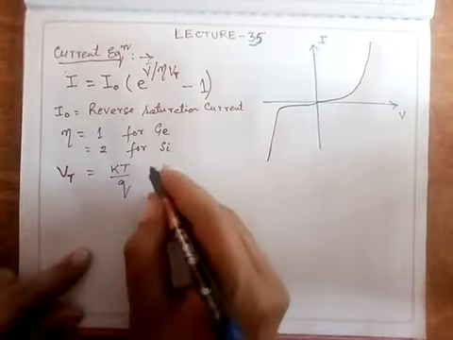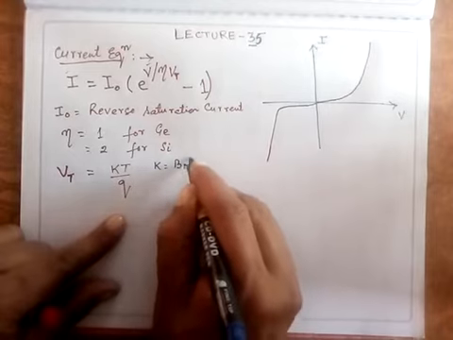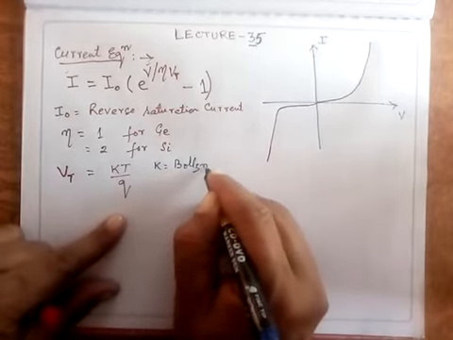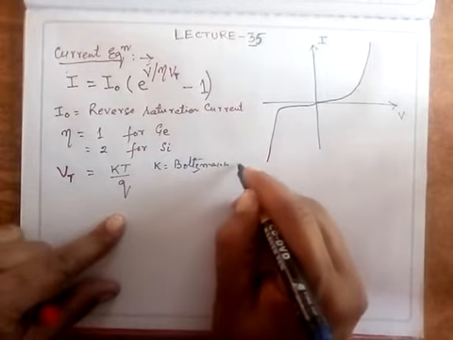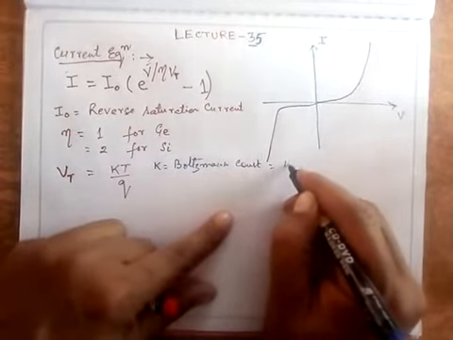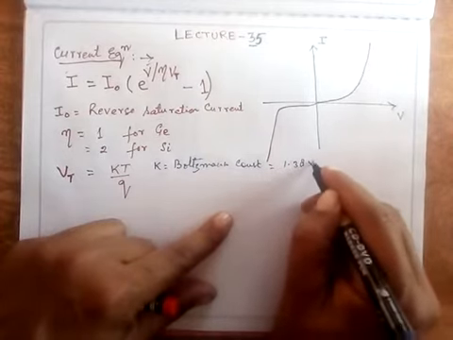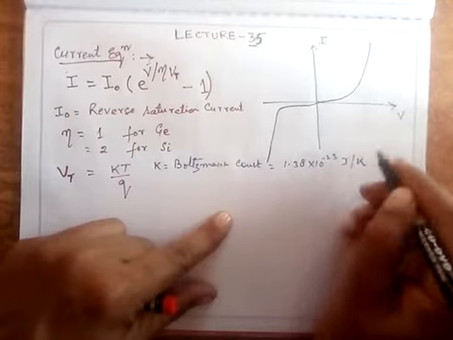This k is called the Boltzmann constant, and the value of this, you all know, is 1.38 into 10 to the power minus 23 joule per kelvin.